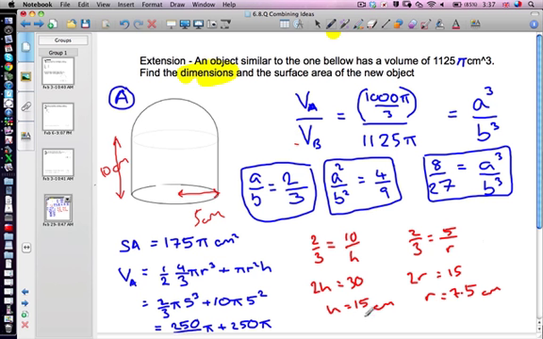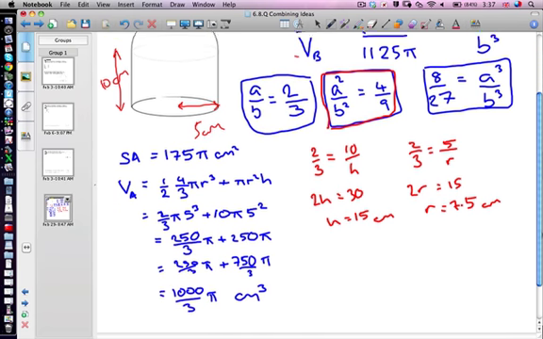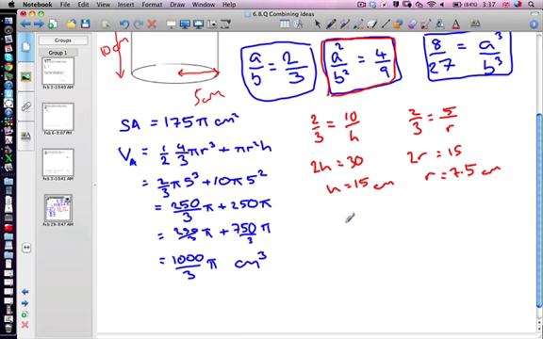Now we could use those measurements to find out the surface area, but it's quicker actually if we use this ratio. So the area ratio, let's do that in green, and let's highlight this one. So the areas and surface areas, whatever type of area, is in the ratio 4 to 9. Our old shape had a surface area of 175 pi, and we need to work out our new surface area.